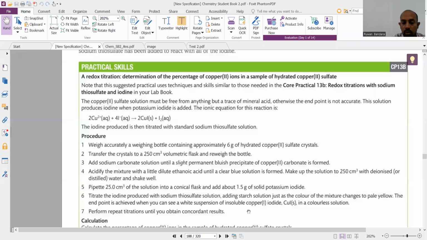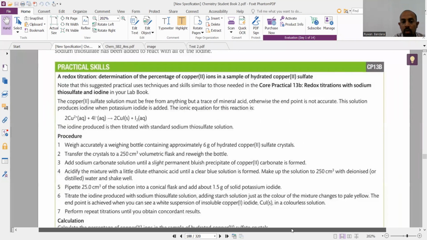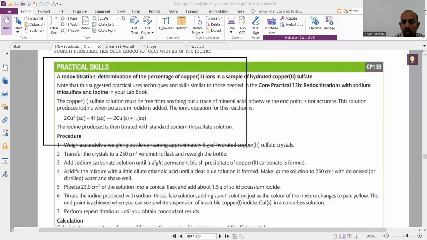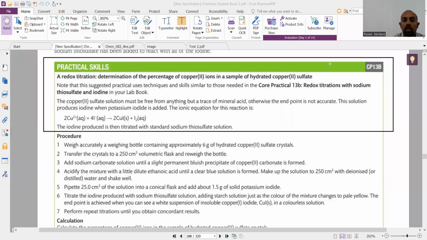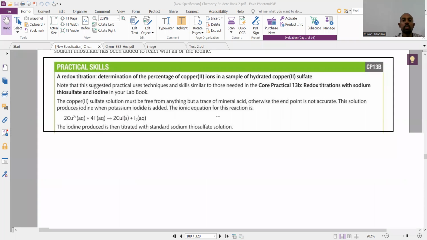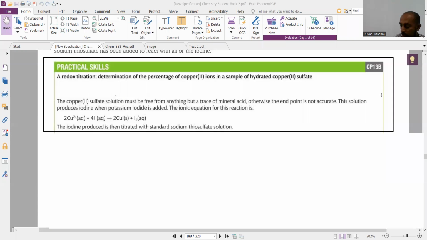Just the practical. Copy this one. This part will not be needed.